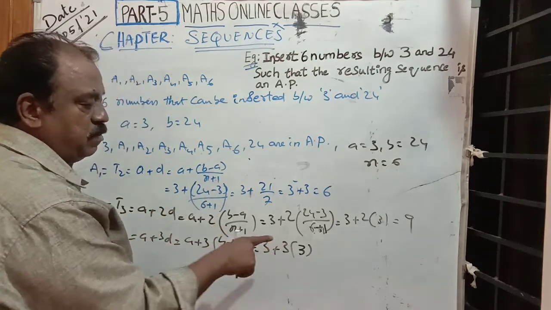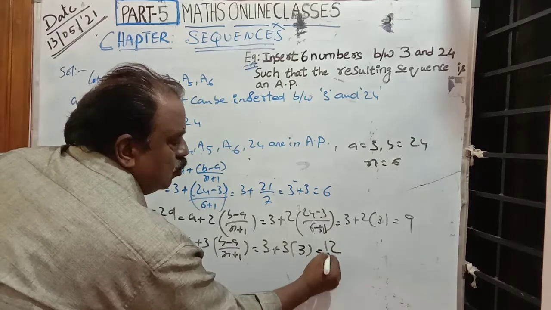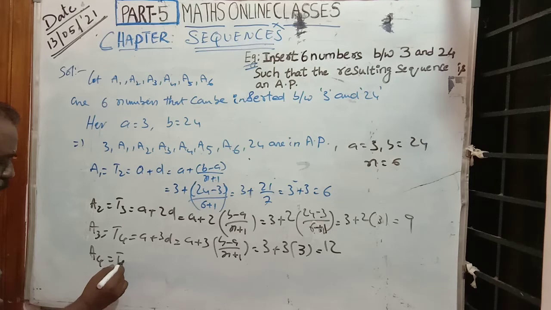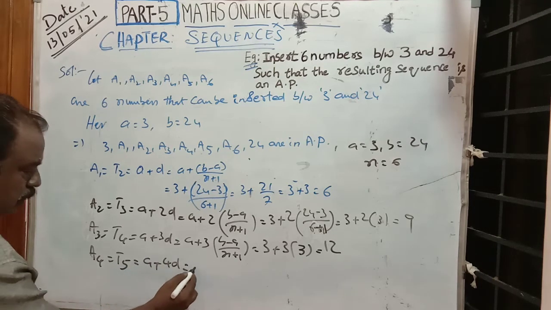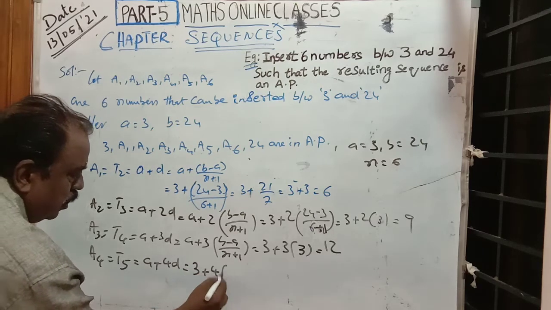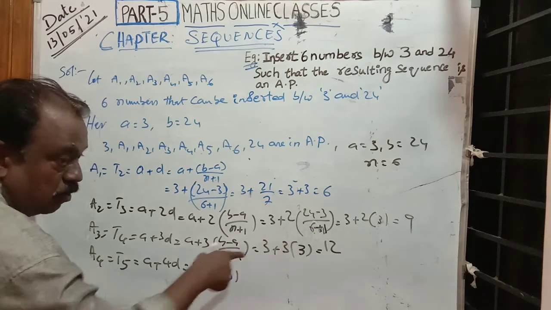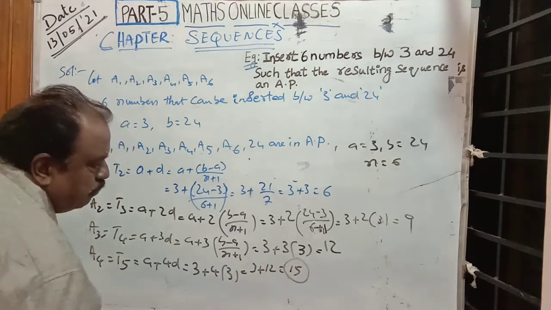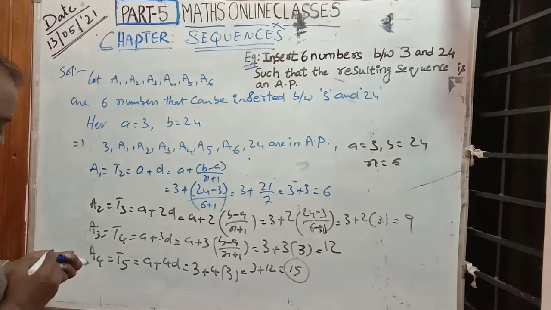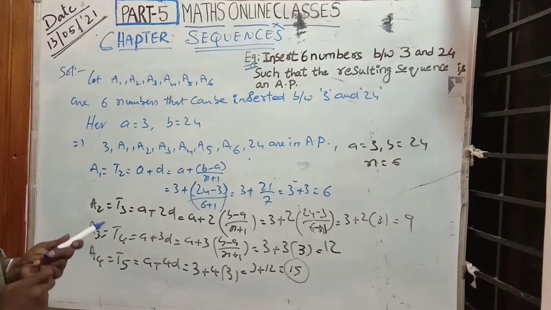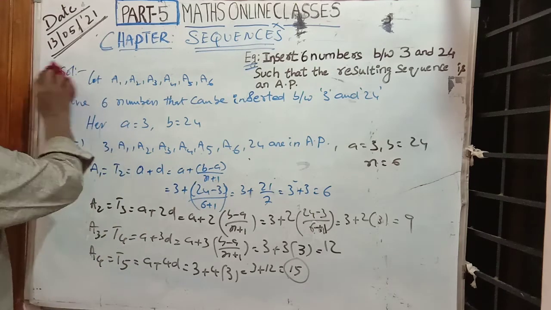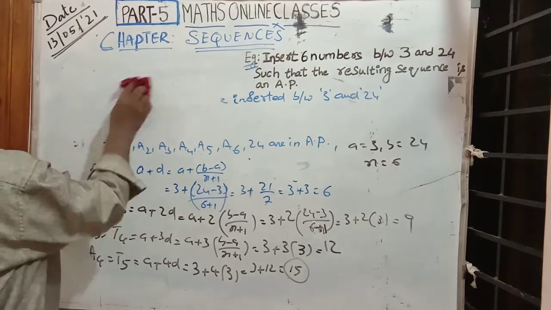So 21 by 7 means 3. It is 12. And A4, it is T5. A4 means T5. A plus 4D, it is 3 plus 4 into D, we know it is 3. So it is 3 plus 12 means it is 15. Now A4 is over and we will find A5 and A6.